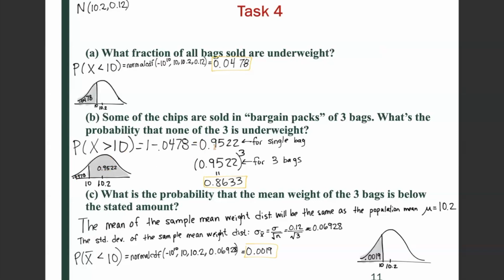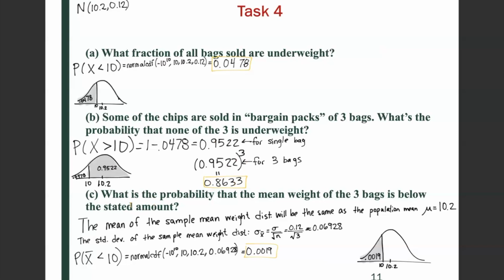So now that we have that value for 1 single bag, we can cube that for 3 bags since each bag is independently packaged. And so when you do 0.9522 cubed, you get 0.8633. That is the answer that we're looking for. So that's the probability that none of the 3 bags is underweight.